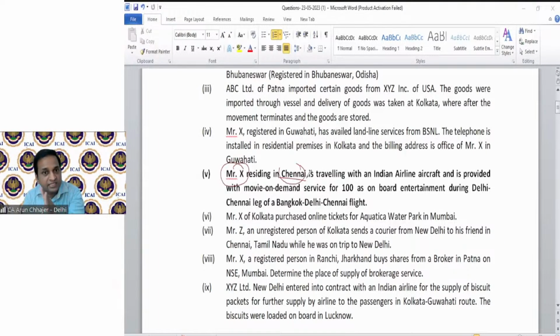Assuming Mr. X is an unregistered person, in that case, Pranav, the last clause which talks about the usual place of residence would be the location of recipient. In this case, it would be Chennai. Even though it is starting from Bangkok, the location of recipient would be Chennai. Is that okay?